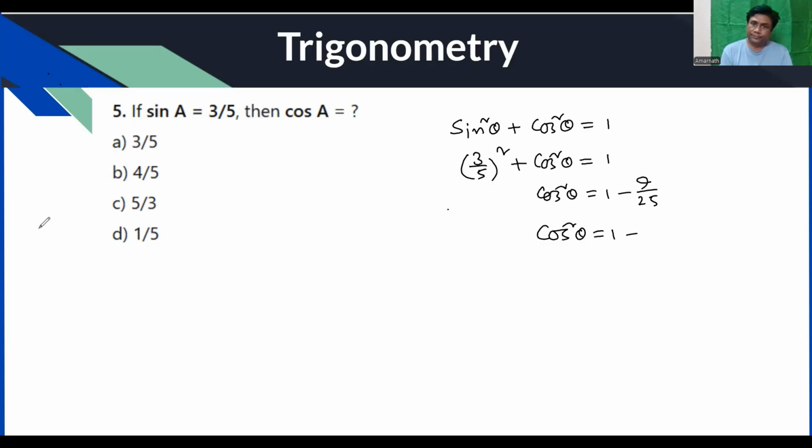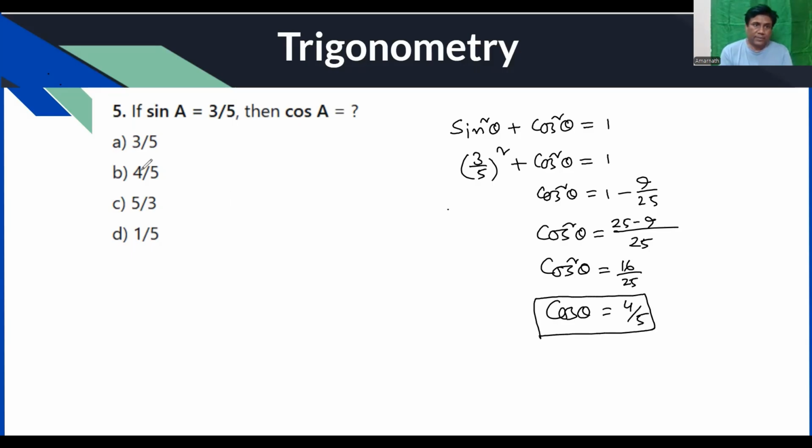If we take the LCM, it will be 25 minus 9 over 25. Cos square theta is 16 by 25. Now if we take the square root, it is 4 by 5. So it means B is correct.